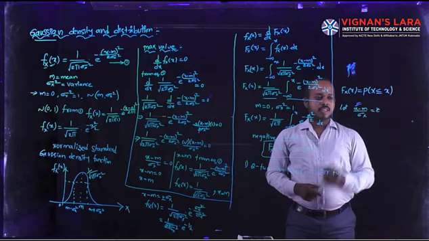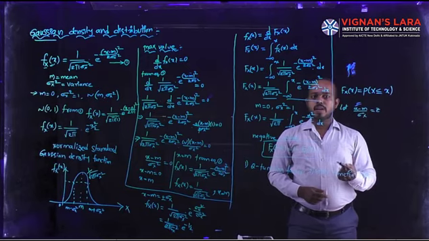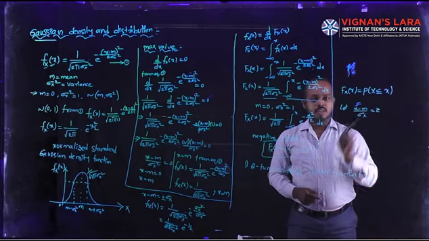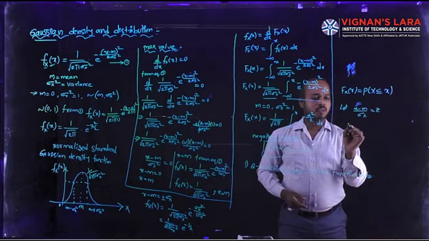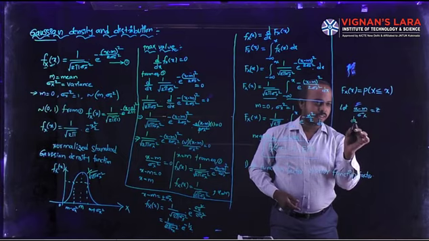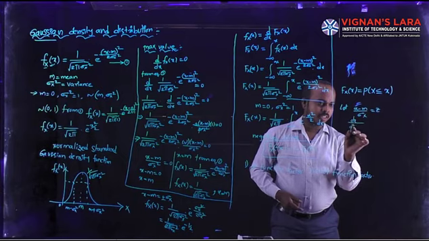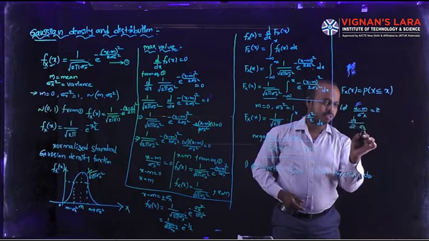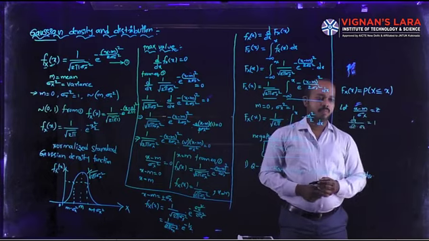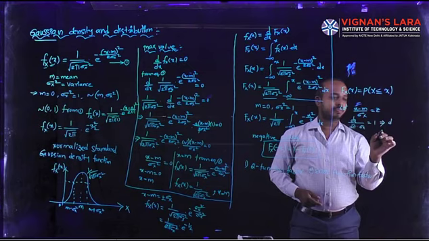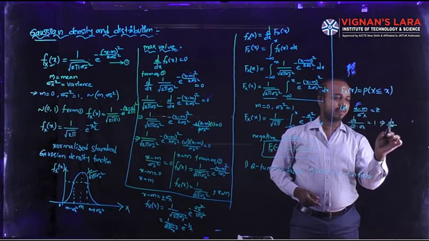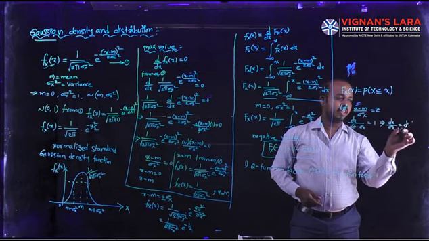You can apply differentiation on this with respect to z. Then you can write dx divided by dz into sigma x is equal to 1. From this relation we write dx by sigma x is equal to dz.